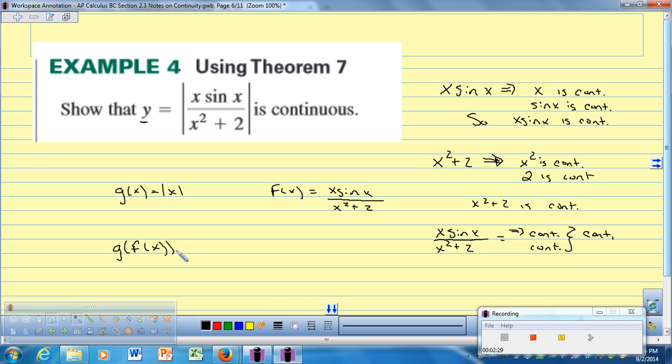It is the composite or composition of our two functions. We've shown that f of x is continuous, and the absolute value of x is also a continuous function. So the composition of the two, absolute value of x sine x over x squared plus 2, is also a continuous function.